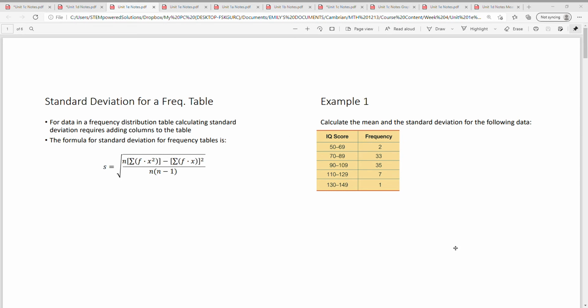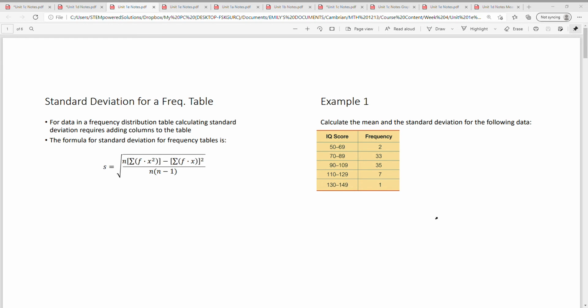Oh, undo. There we go. And now we can paste.